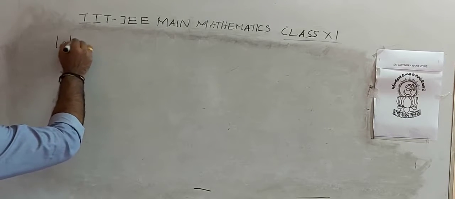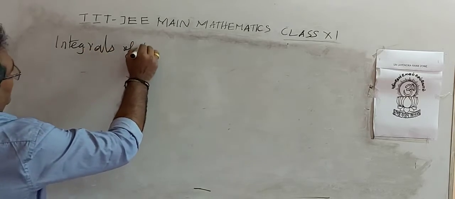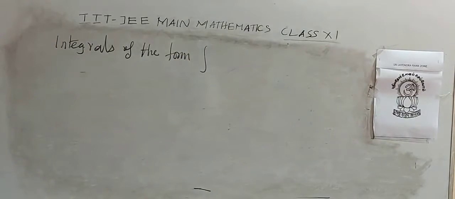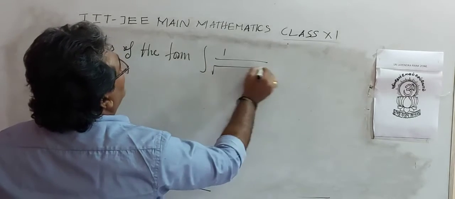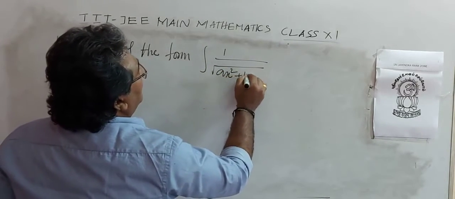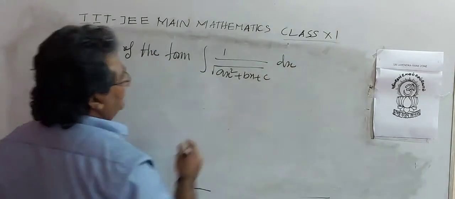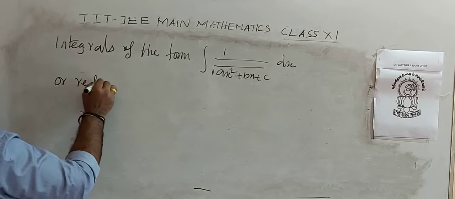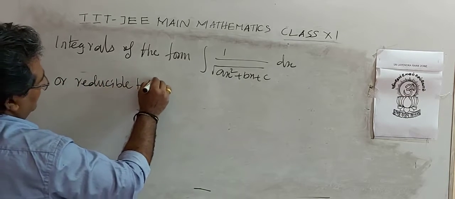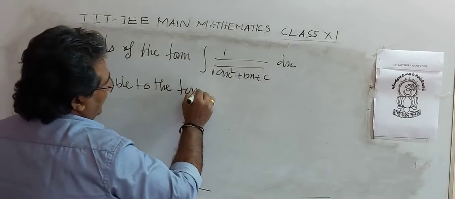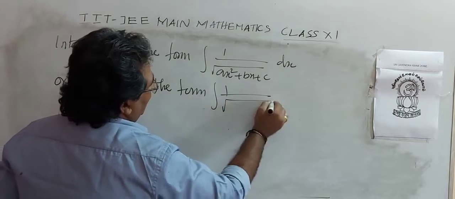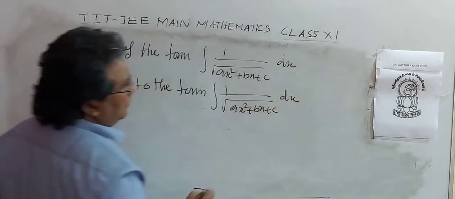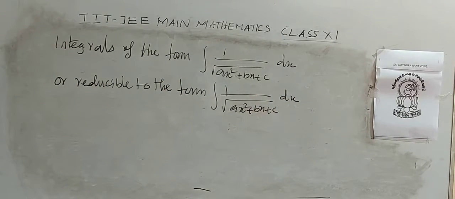Next, integrals of the form 1 by root of ax square plus bx plus c into dx are reduced to the form 1 by root of ax square plus bx plus c into dx.